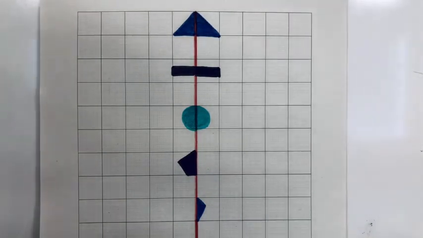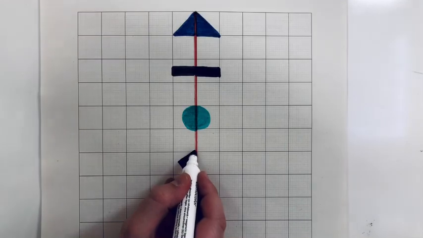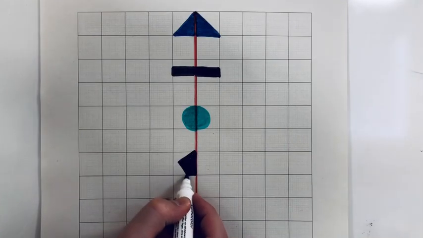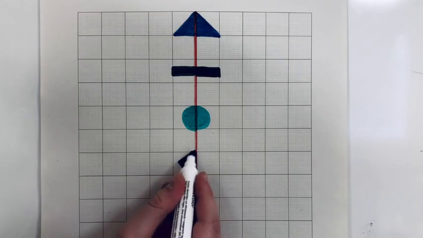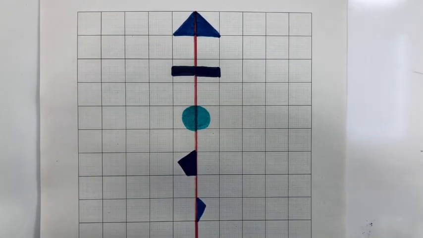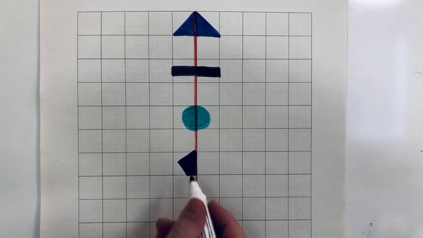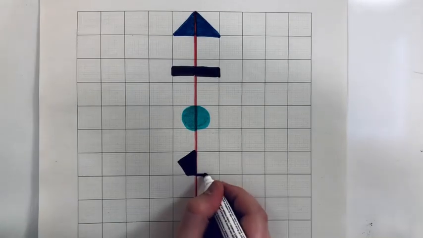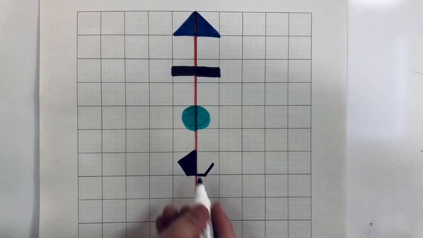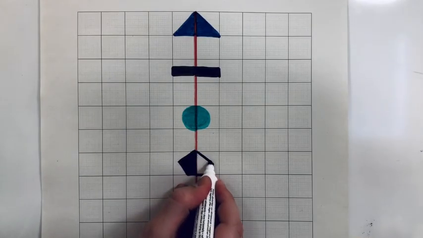This next one starts at the top, goes out here, down here, and then into the middle. This has got 1, 2, 3, 4 sides, but it's not a square, it's not a rectangle. Let's mirror this with symmetry. So it comes out a little way, goes up to a point here, and then over here.